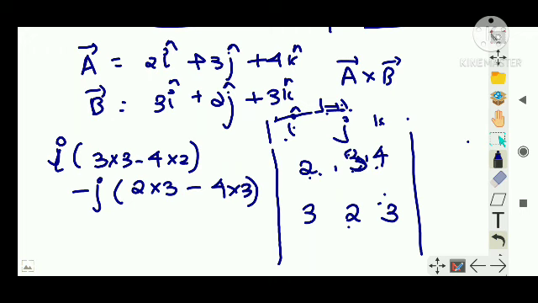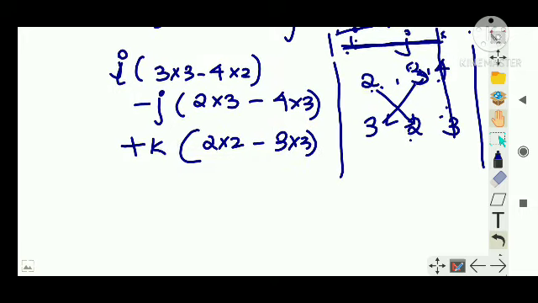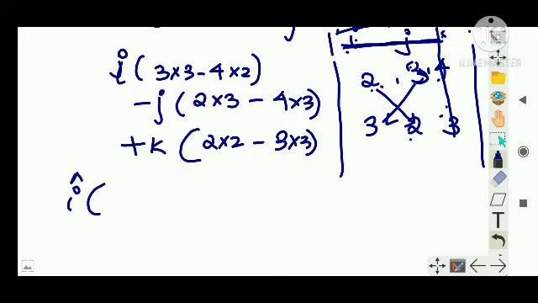Now for the k term, right? Plus k. For the k term again keep the row and column closed. Then do from right, then from left to bottom. That is 2 into 2 minus 3 into 3. Right? Now write the answer. i cap into 9 minus 8 is 1, minus j, 6 minus 12 is minus 6, right?